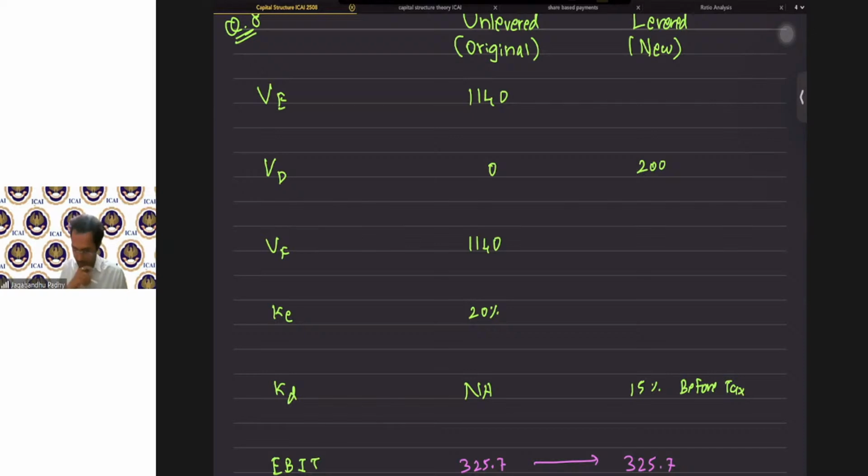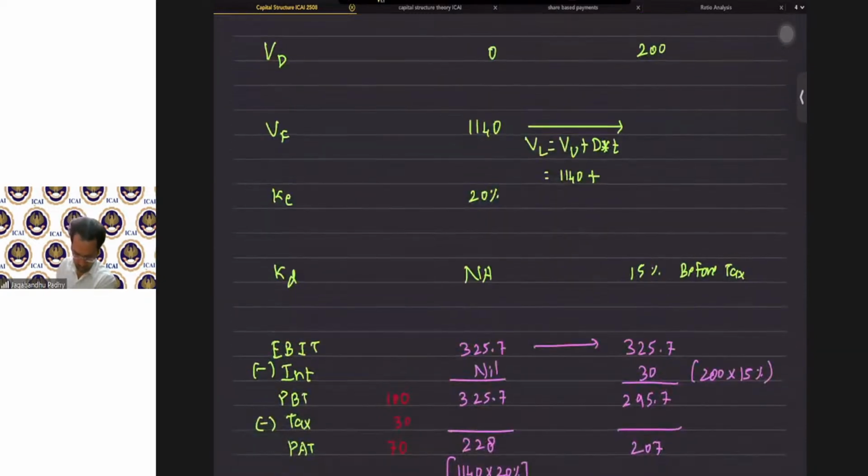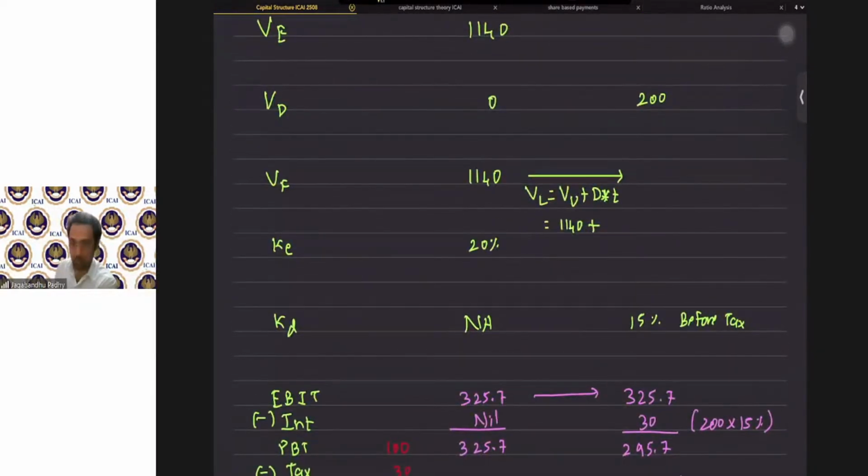We can simply get the value of the firm by using a pretty simple formula, right? And that's going to be value of levered firm is equal to value of unlevered plus debt into tax rate. So that's 1140 plus the debt amount, which was 200, multiplied by the tax rate, which was 30%.